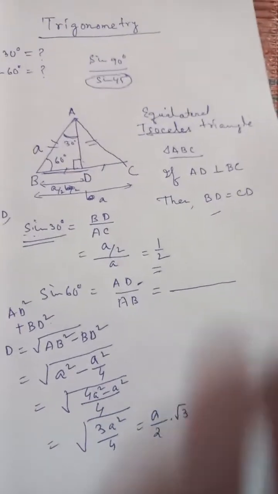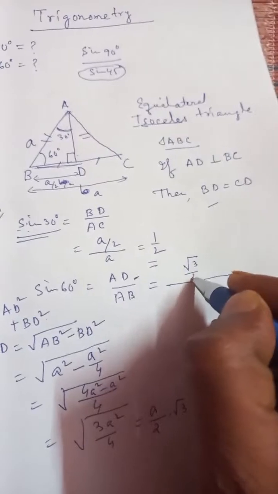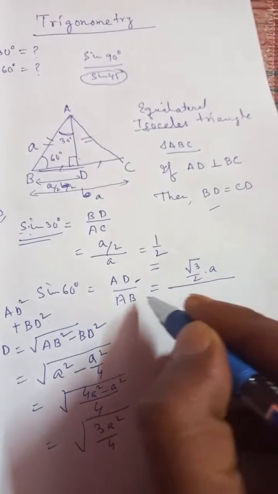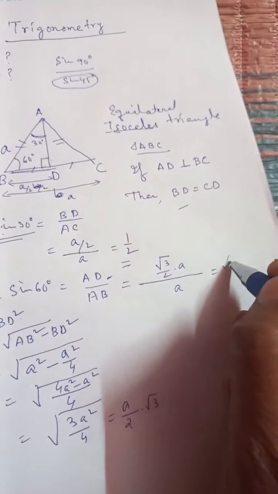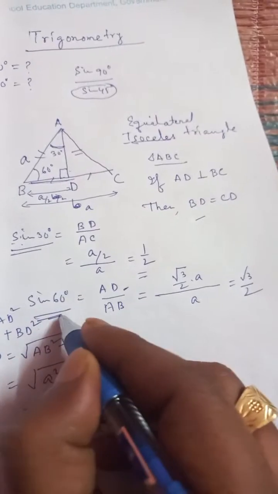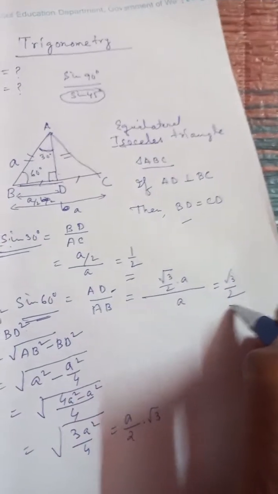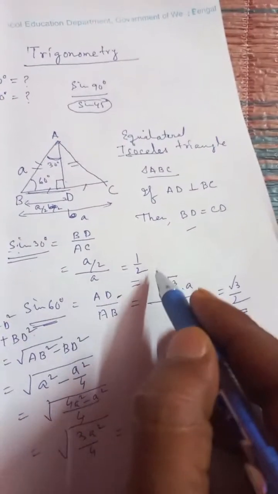So if we put these values, this will be root 3 by 2A, and AB is A. So sine 60 degree value is root 3 by 2. This is our required result: sine 60 degree is root 3 by 2, and sine 30 degree is 1 by 2.